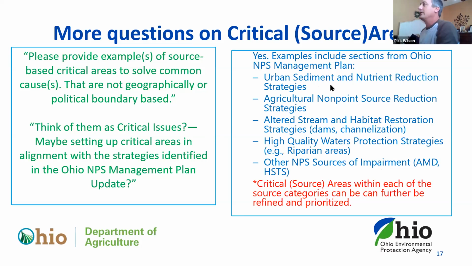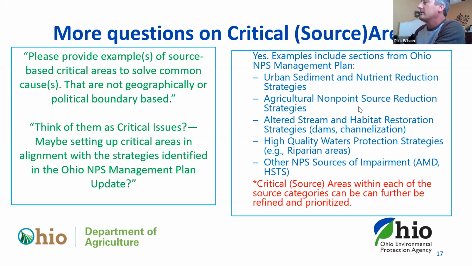There's a listing of the types of practices, technical solutions that address the urban sources. Same thing for agricultural sources. Same thing for altered stream and habitat restoration. There's sections on each of these. So we oftentimes see critical areas as a prioritized urban area, maybe around a monitoring location, or the impermeable surfaces, a priority area of the urban area.